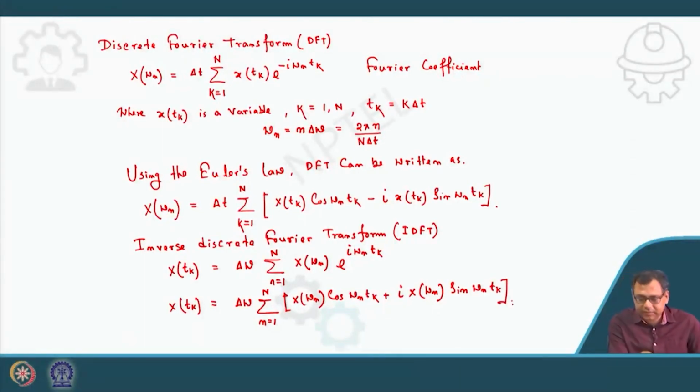So that means for the discrete Fourier transform, we will go to the frequency domain, and the inverse discrete Fourier transform will go from the frequency domain again to the time domain.